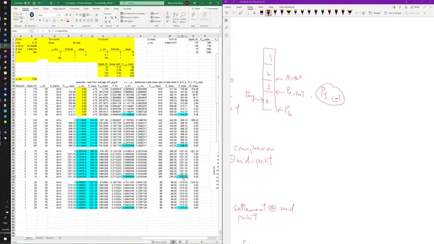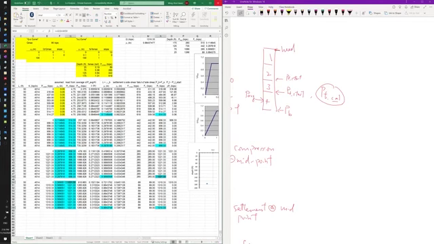Same thing here: the top of the second element becomes the base of the first element. And at the end of the day, when you get to the top of the first element here, that is the head of the pile. So here is the head of the pile. So that's how you get all the answers.